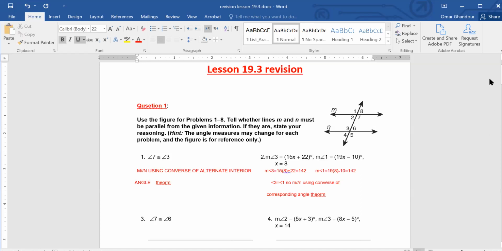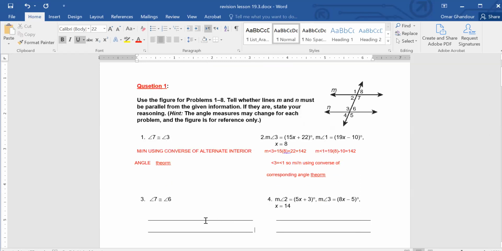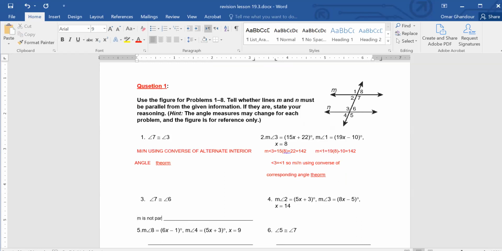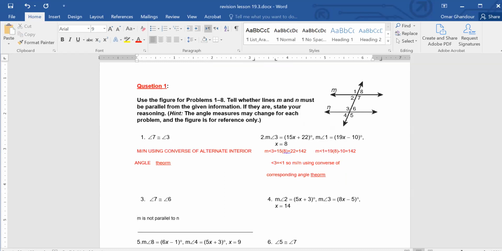So here I'm going to tell him that M is not parallel to N. This is not sufficient information for me to know that these two lines are parallel.